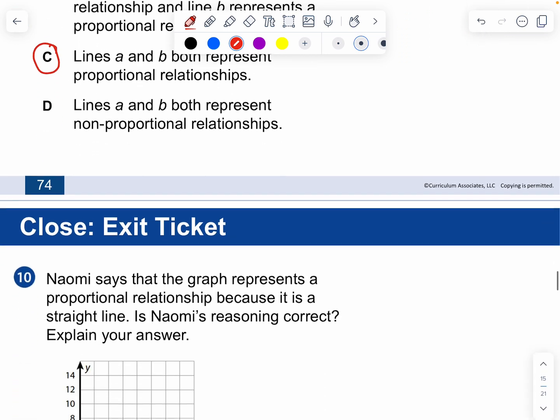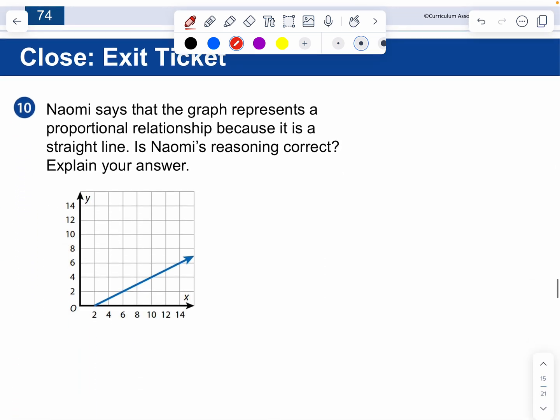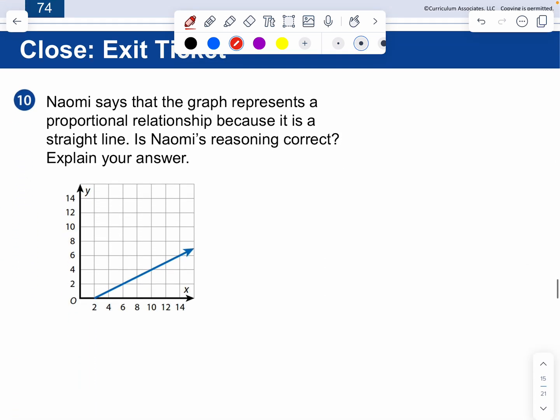Now we have several practice problems. Oh, nope, we got an exit ticket. Number 10. Naomi says that the graph represents a proportional relationship because it is a straight line. Is Naomi's reasoning correct? Explain your answer. It is a straight line, but does it pass through the origin?